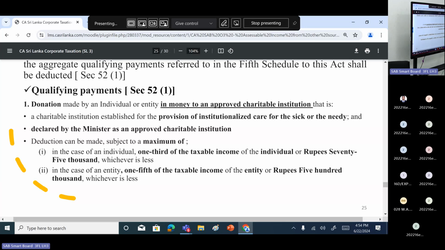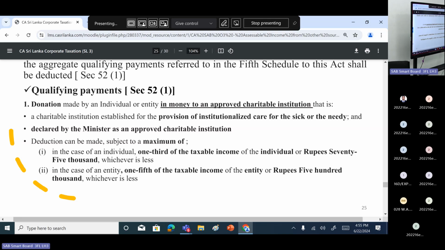Remember, this definition is applicable for section 52. An institution established for the institutionalized care of the sick or needy, and that particular institution needs to be approved by the respective subject minister. How does this happen practically? Say, a children's home.